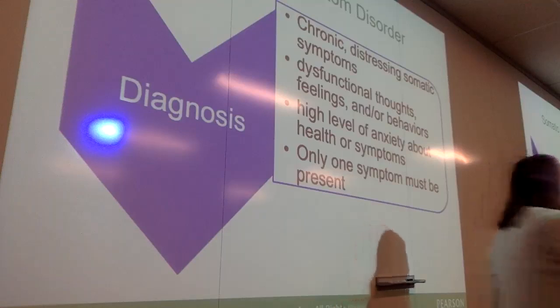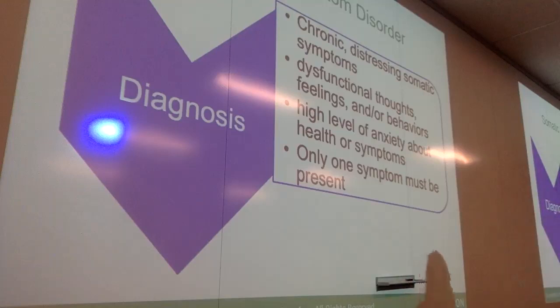Or they say, I have these terrible stomach pains, I must have stomach cancer, and they just haven't eaten good food in the last few hours. Or, I'm feeling a little hot, I must have a fever, and they just stepped outside and it's hot outside.